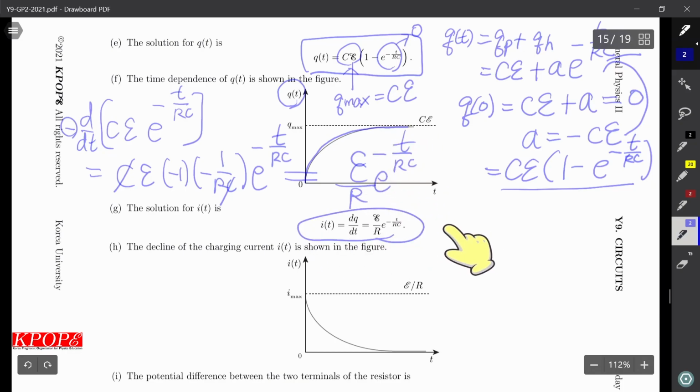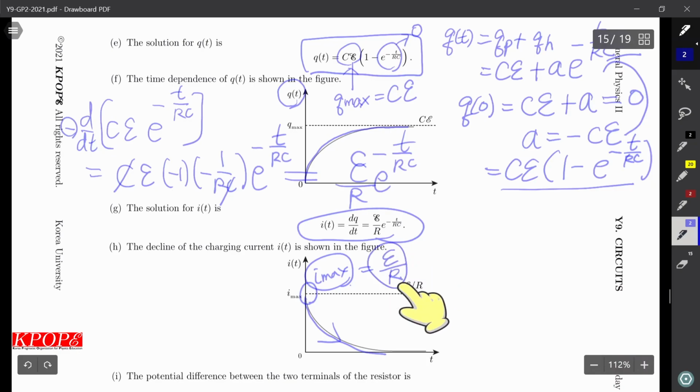This is the current. The current decays. At t equals 0, it has its maximum value. I max is E over R.